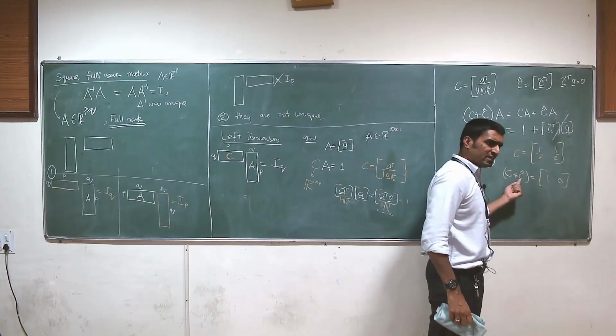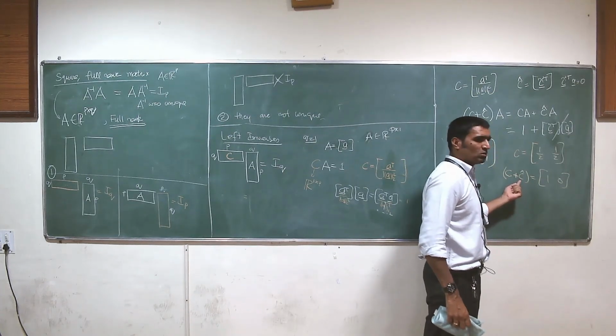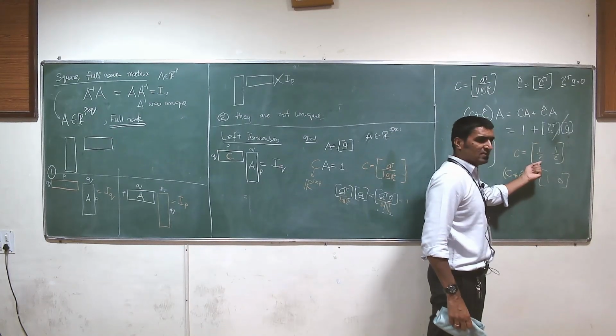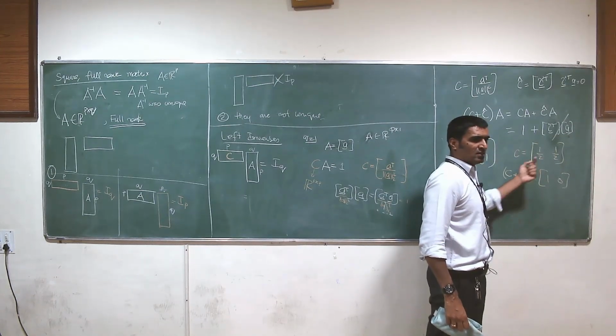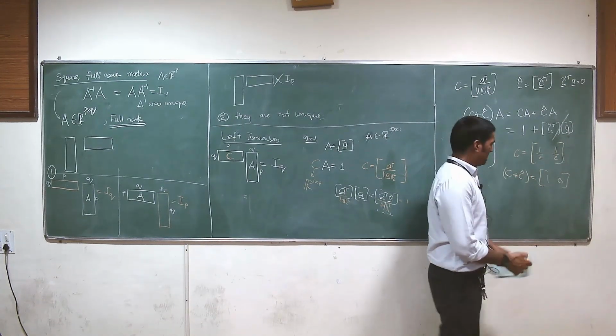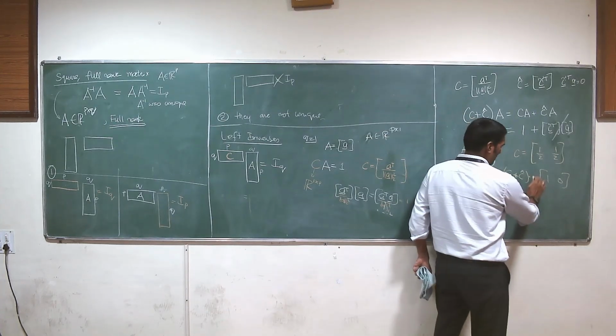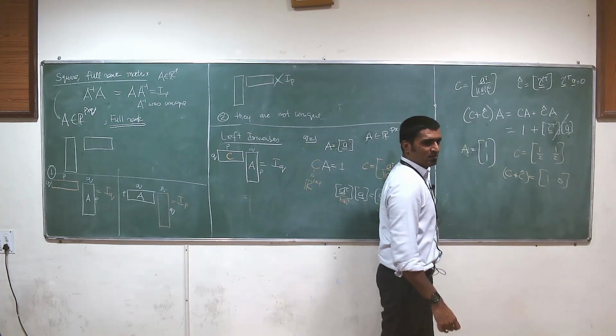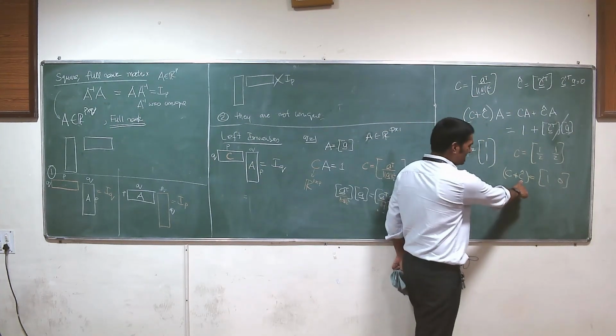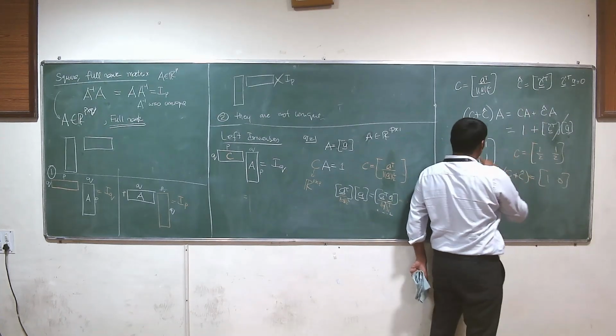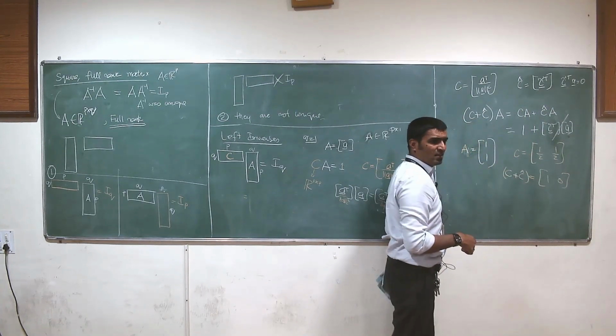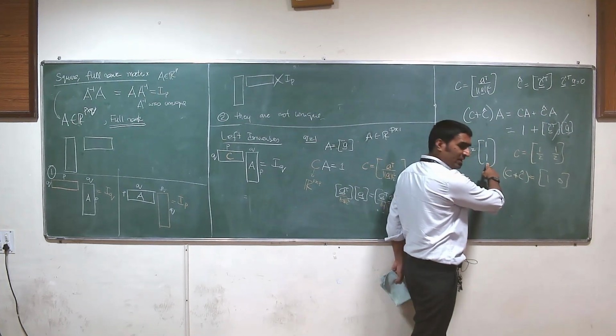C cap will be 0, is it? C cap cannot be 0, right? Because the sum of C cap is 0, sum of C cap with C is just C. Well, C cap is what? Any vector that is perpendicular to A, right? What are all the vectors that are perpendicular to this?